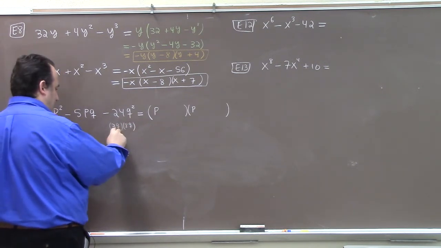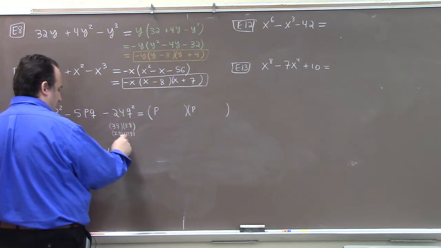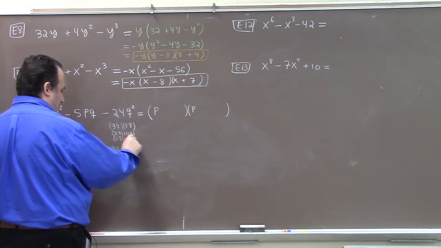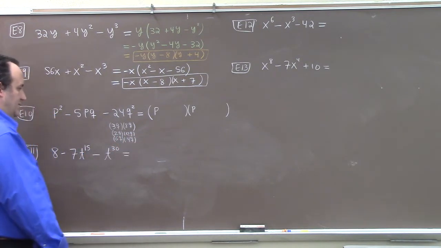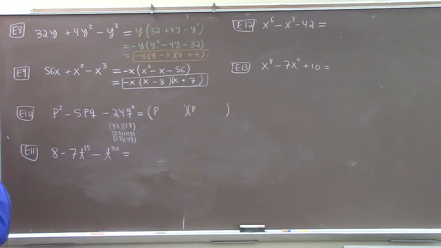Or you could do 2q and 12q. Or you could do 6q and 4q. Those are different ways we could get back 24q squared, right? I don't know if any of those are helpful, though.